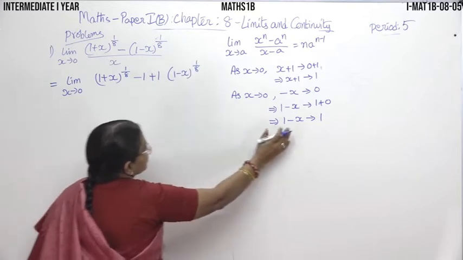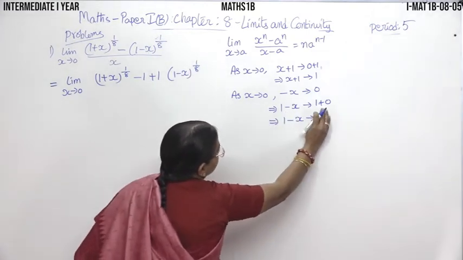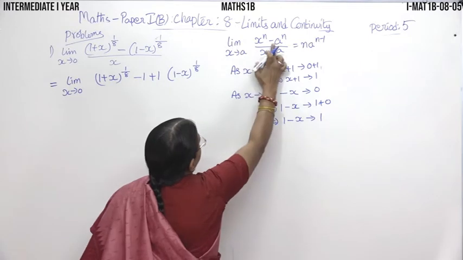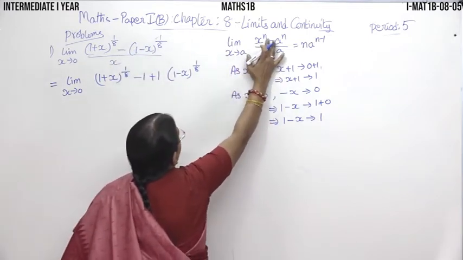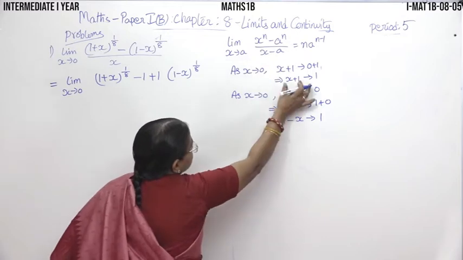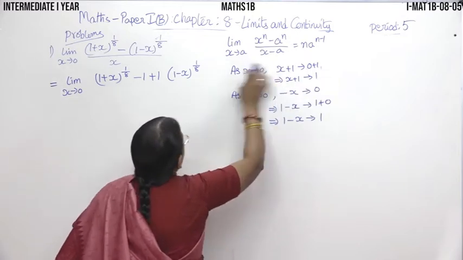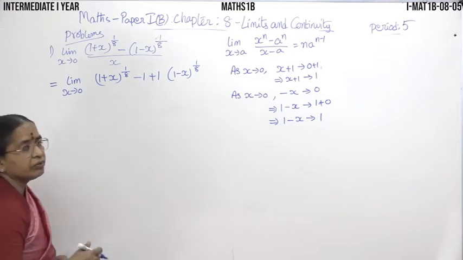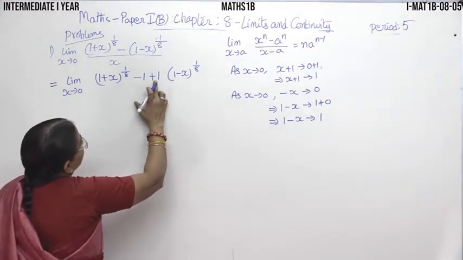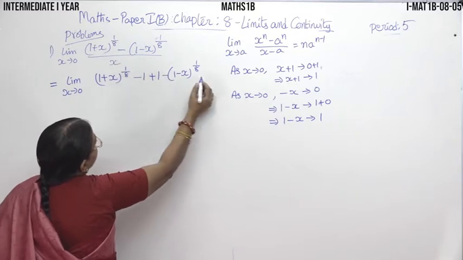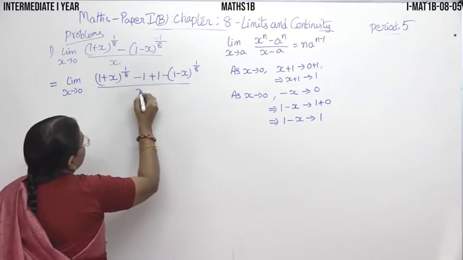This is our x tending to a. The a here is 1, so that a is missing here. You have x power n minus a power n. This is our x and this is our a. That a, 1, is missing, so we'll subtract 1 and add 1, and the minus will be there as it is by x.